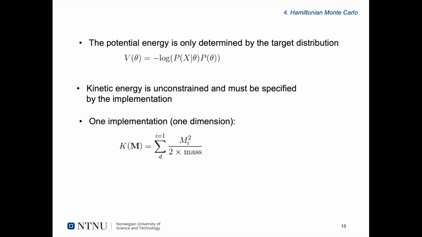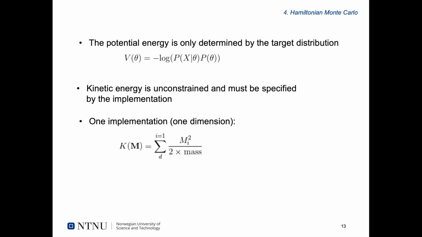One choice of the kinetic energy is given by momentum squared divided by 2 times its mass, which exactly corresponds to the half mv squared we learned at high school. The total kinetic energy is the sum of the kinetic energy of a fictitious particle in all its d dimensions.